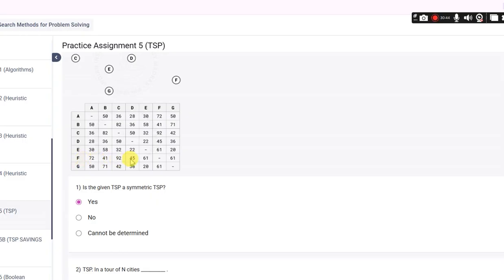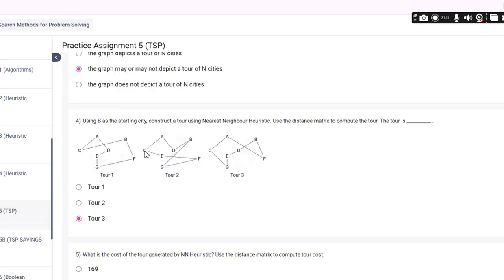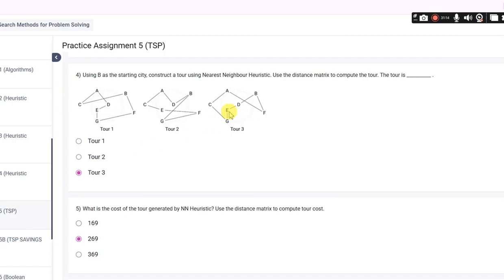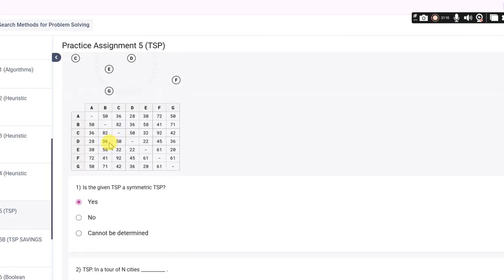After that, we first go B to F, then F to D, then from D I think we should go to E, right? Yes, from D we should go to E, because from D, E is the smallest.